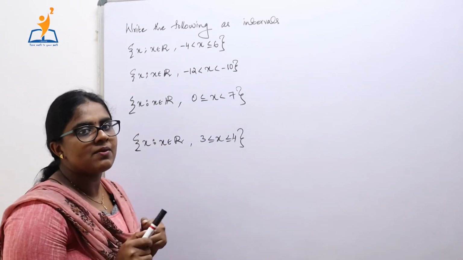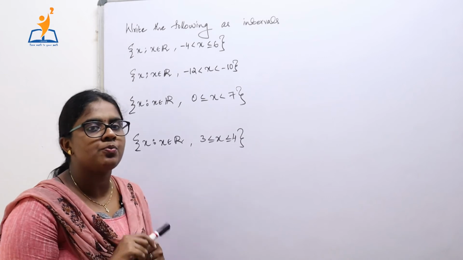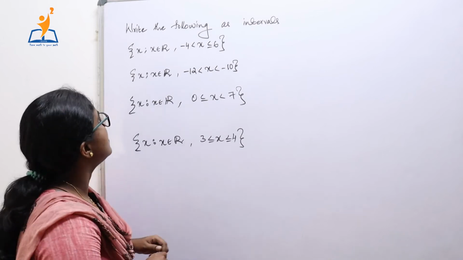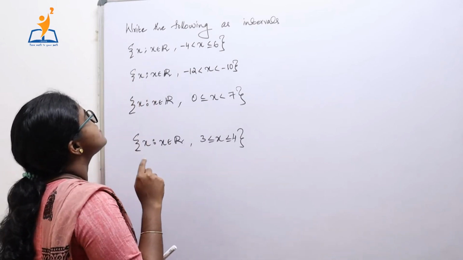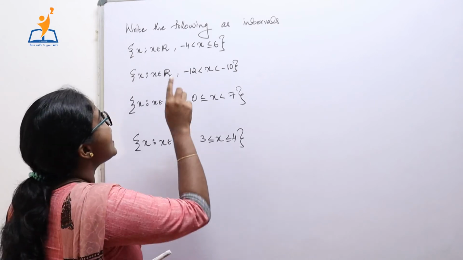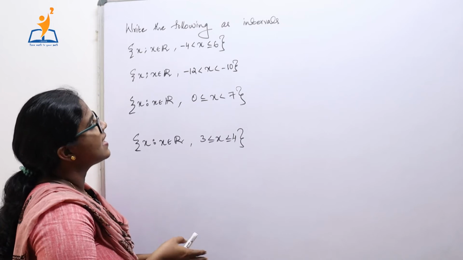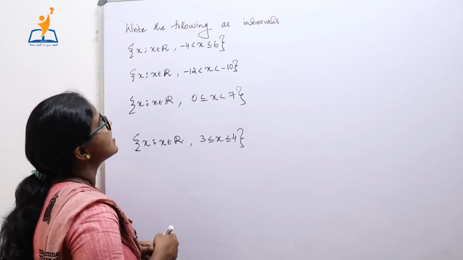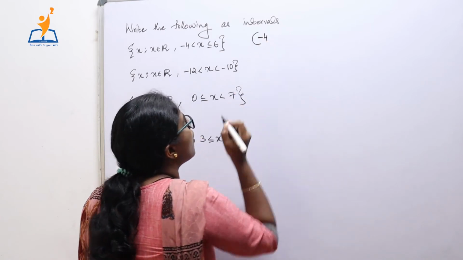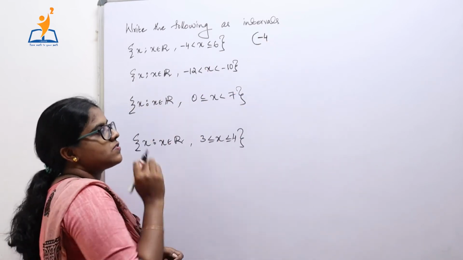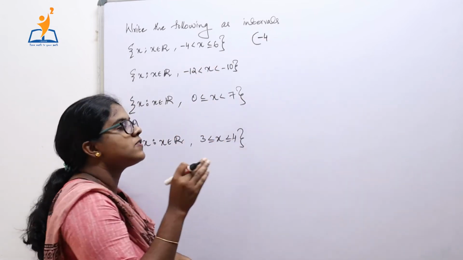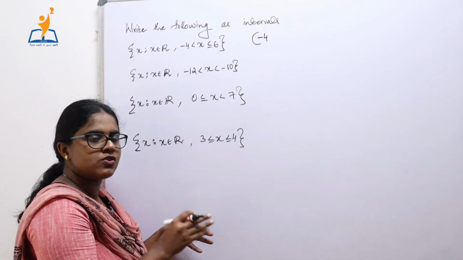So these sets are given in set builder form, and we have to write them as intervals. Now in the first question we have the set of all x such that x belongs to R, that is, x is a real number, and -4 less than x less than or equal to 6. -4 is not included, so we will put an open bracket in the place of -4, and 6 is included, and all the real numbers between -4 and 6 are also included.